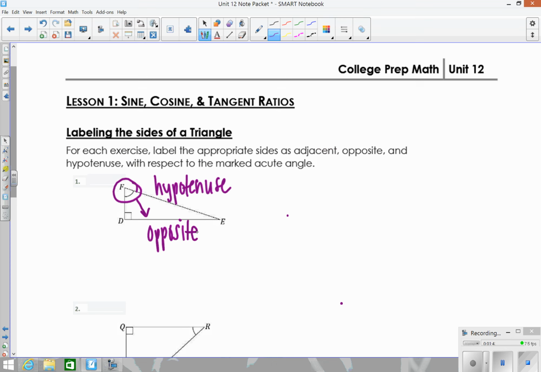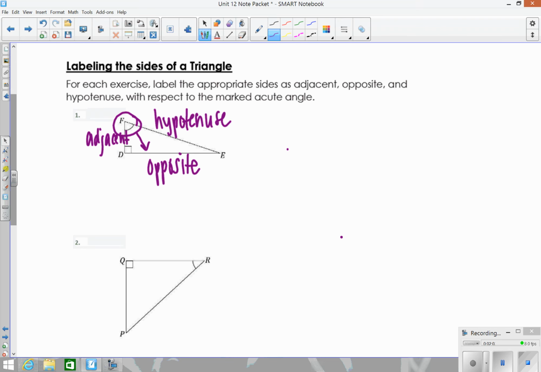And adjacent just means next to. So the side next to angle F is the adjacent side. Now, the other side that's next to angle F is the hypotenuse, but that's always going to be the hypotenuse. So I always label that first and then worry about the opposite and the adjacent, because the hypotenuse will always be across from the right angle.